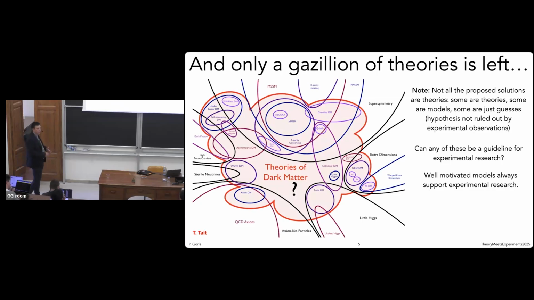Of course, not all the proposed solutions are at the same level. Some are theories, which are based on robust hints from observation and constraints from the standard model, for example. Many are just models, empirical, semi-empirical models. Some are just guesses, just hypotheses that cannot be ruled out at present by experiment, but they're not strongly theoretically motivated, they're just still possible.